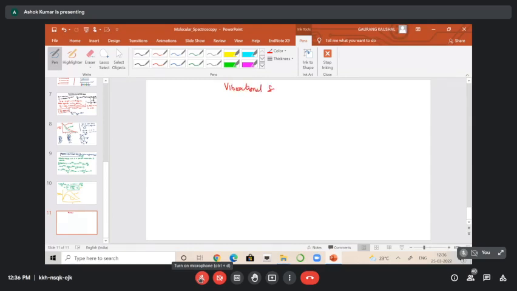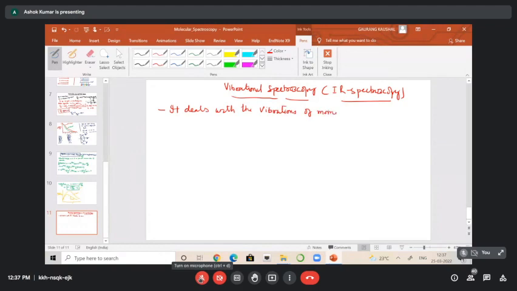Vibrational spectroscopy. So basically, this is actually IR spectroscopy, infrared spectroscopy. Here, the vibration of the molecules will be there. So it deals with the vibrations of molecules.